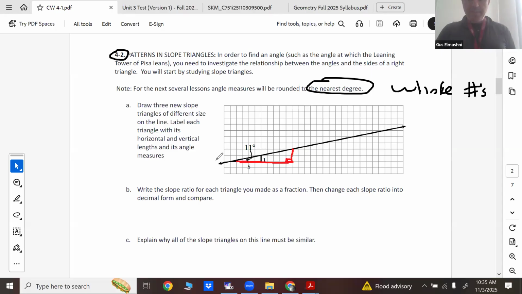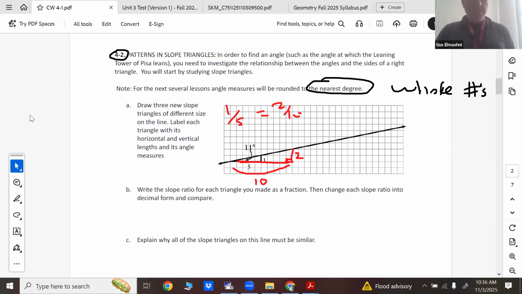How far am I going right? How far up? Yep, 2. So if you think about it, 1 to 5, does that equal 2 to 10? Yep. Okay.